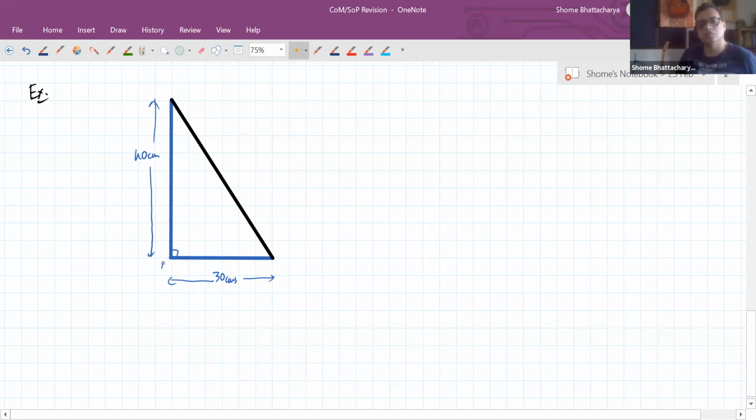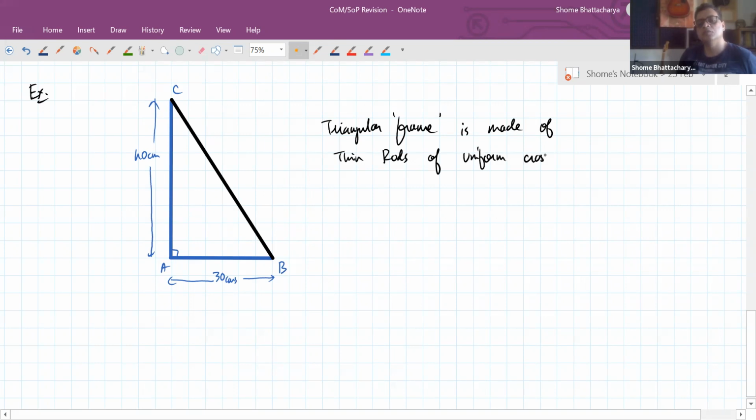Now, the triangular frame is made of thin rods of uniform cross-sectional area.